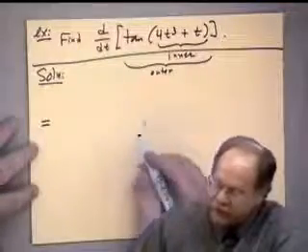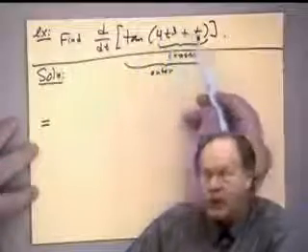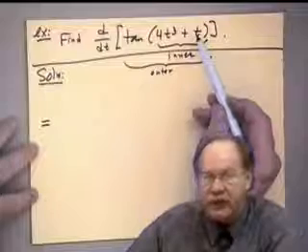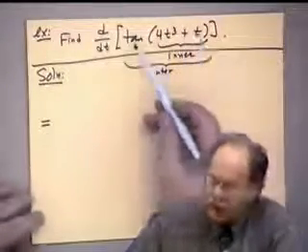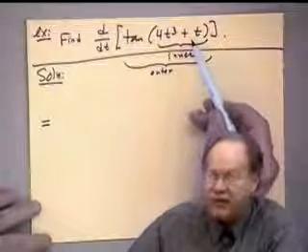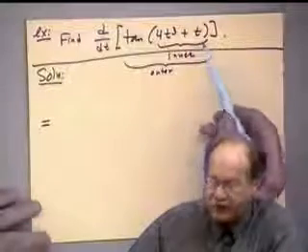The chain rule says I'm supposed to take the derivative of the outer function first, ignoring what's inside. When you let this whole thing be u temporarily, that's what you're doing. You're ignoring any internal structure. So if I just think of this as tangent of something, what is its derivative? Well, tangent of something has derivative secant squared of that same something.